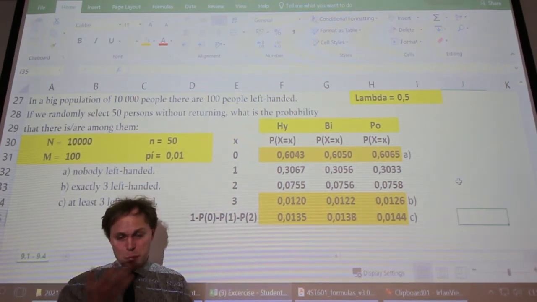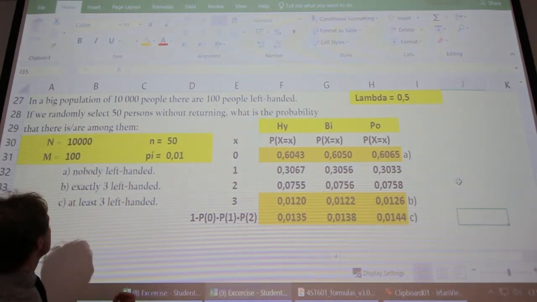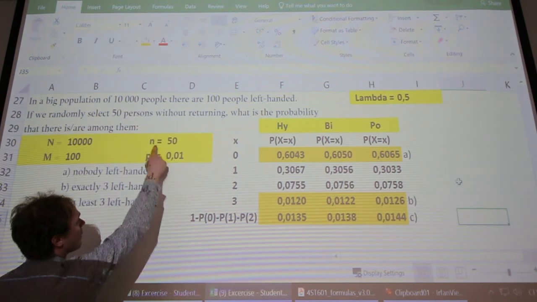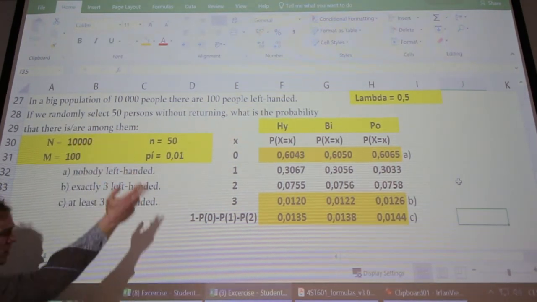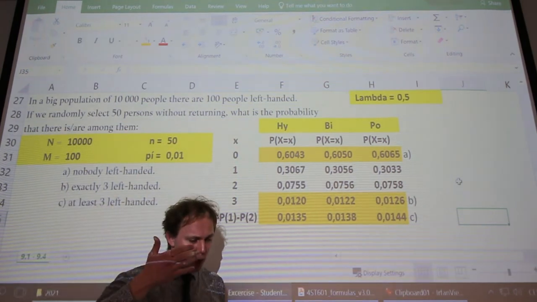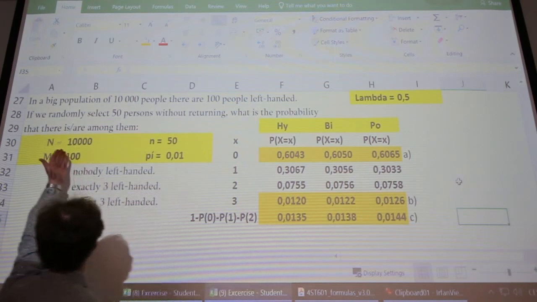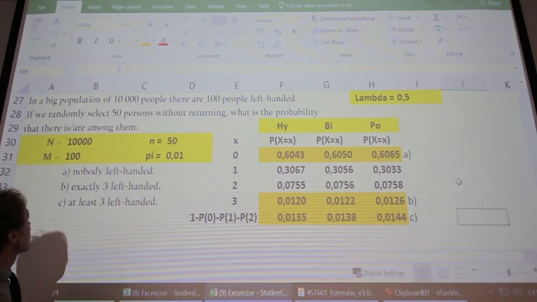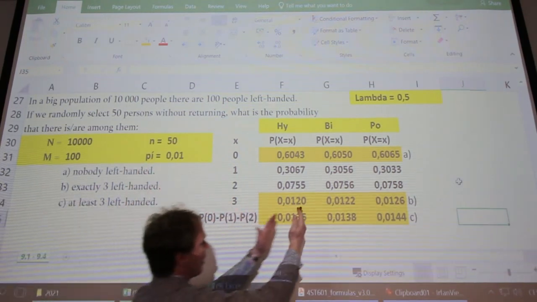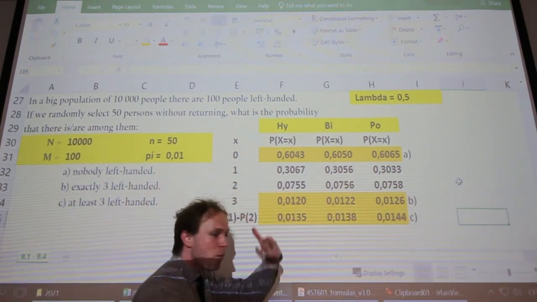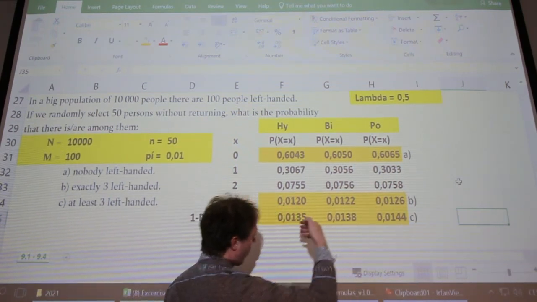This is possible to use if we have large samples, n at least 30, and capital N, the population, higher and higher, more than 10,000, for example 100,000, 1 million, etc. These values are more and more similar.